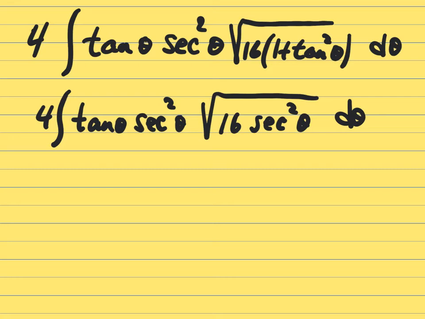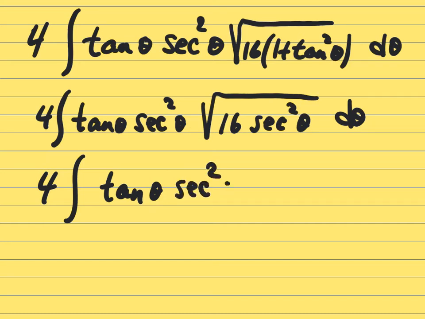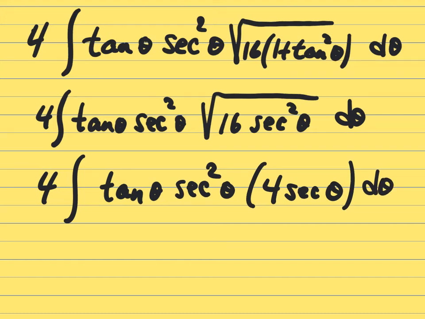Square root of 16 secant squared theta is 4 secant theta. Multiplying everything together is going to give us 16 tangent theta secant cubed theta.